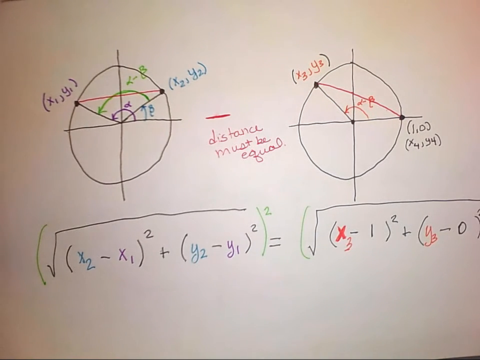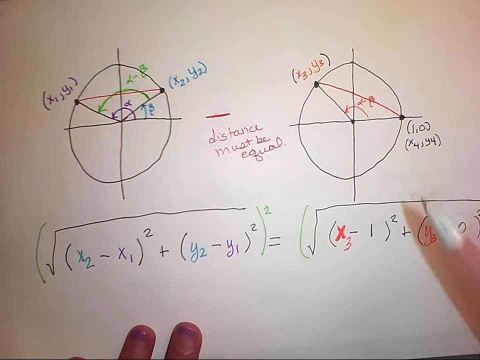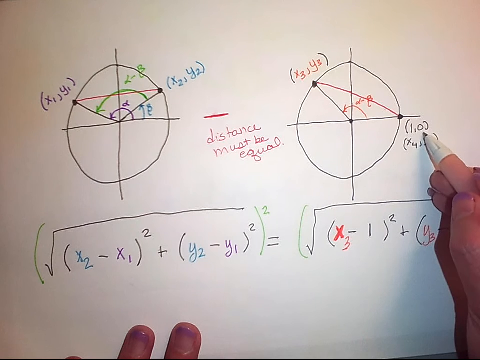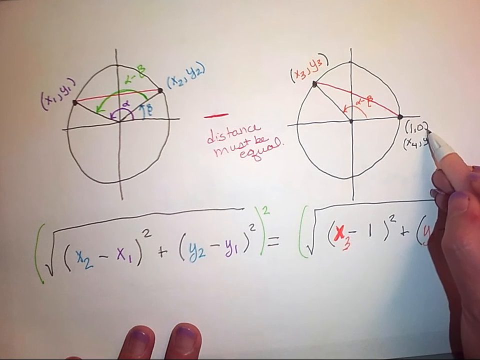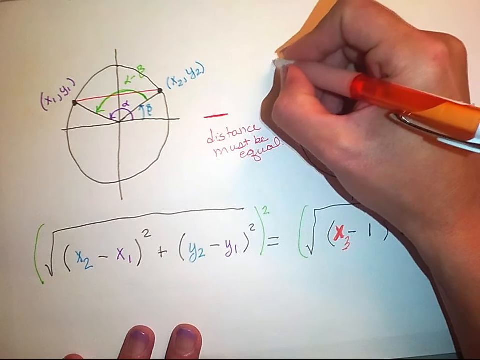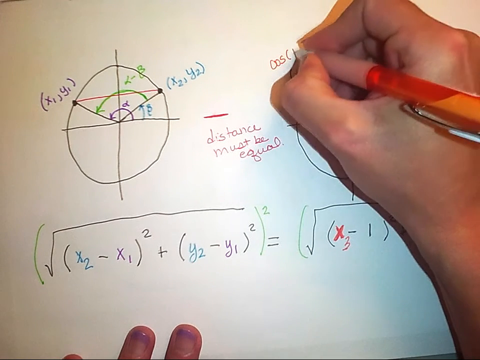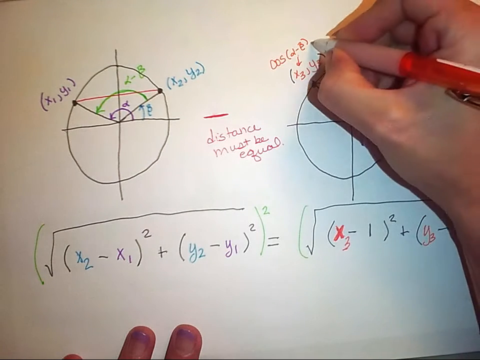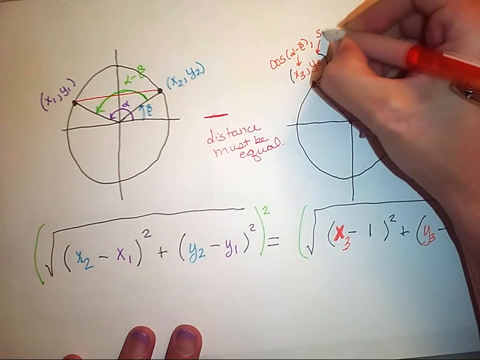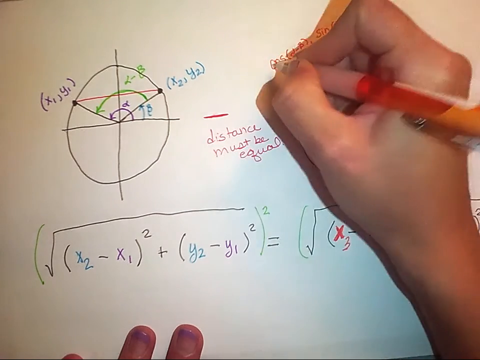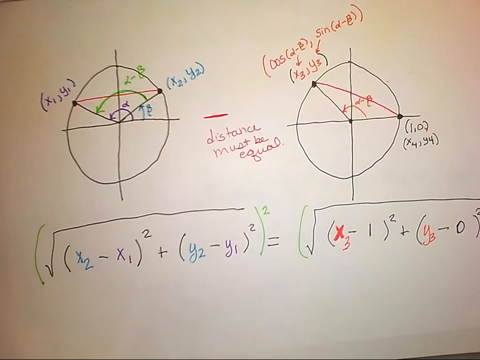And let's rethink about what this is. Remember, this is a unit circle. So really, this is the cosine and the sine of 0. And so this is really the cosine of our angle, which is alpha minus beta, that is x3, and y3 must be the sine of alpha minus beta, because we're on a unit circle.